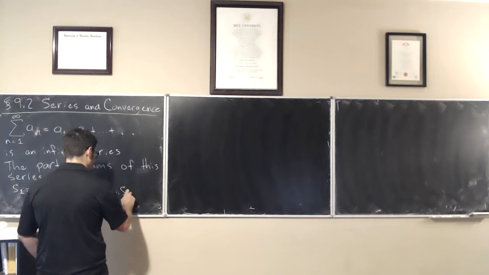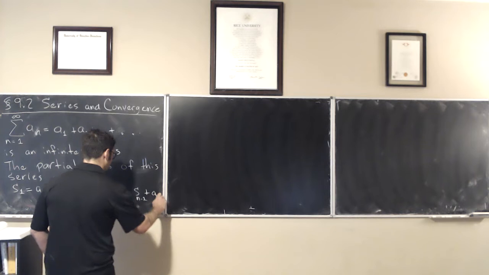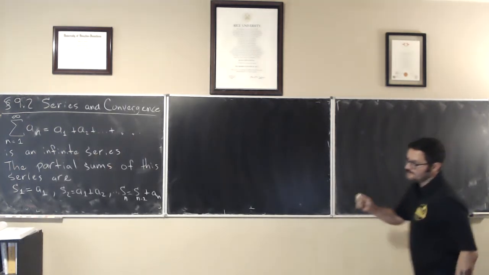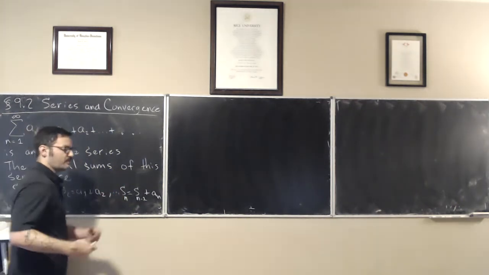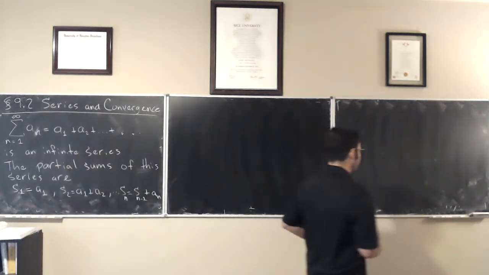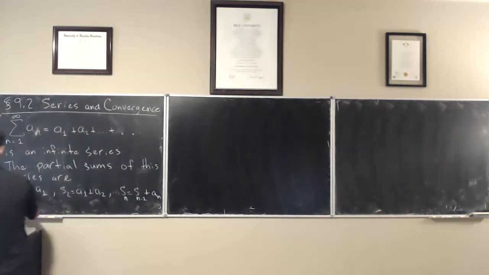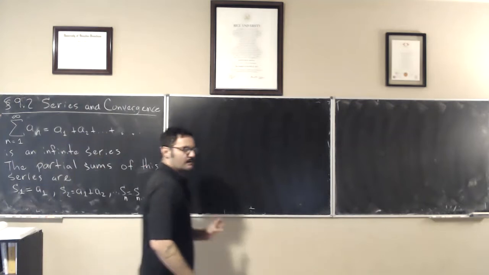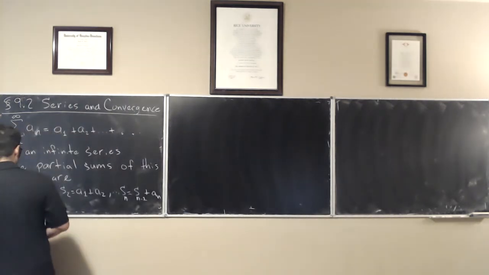S of n is equal to S of n minus 1 plus a sub n. So each of these terms is a partial sum of the full sum. And notice now, for each choice of an index, we have a value. We have a piece of this sum.